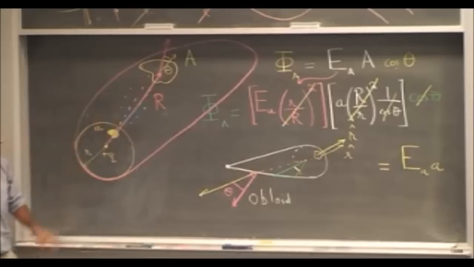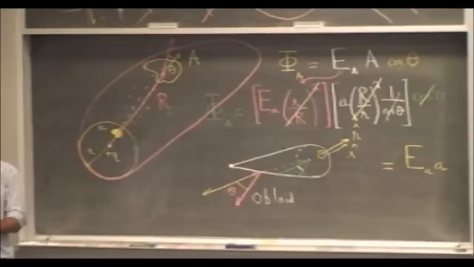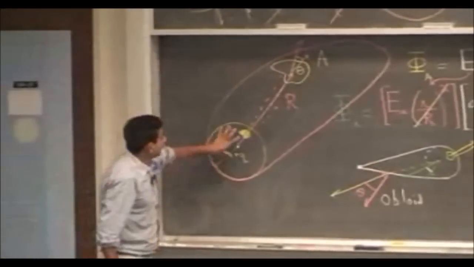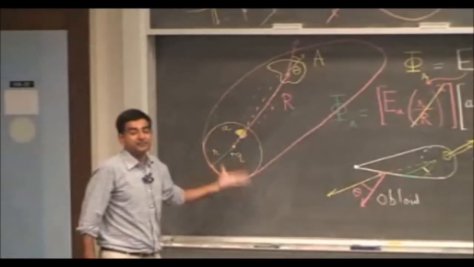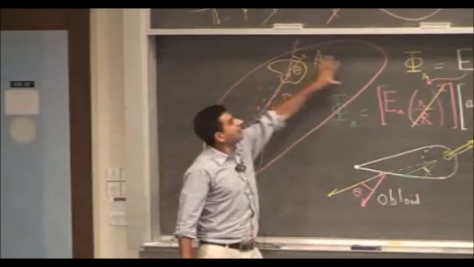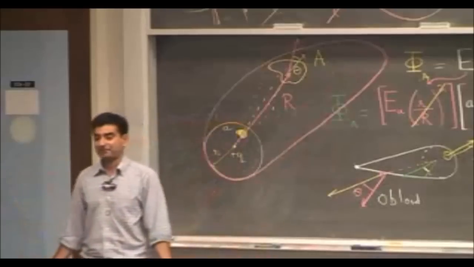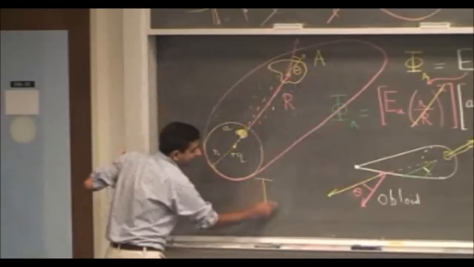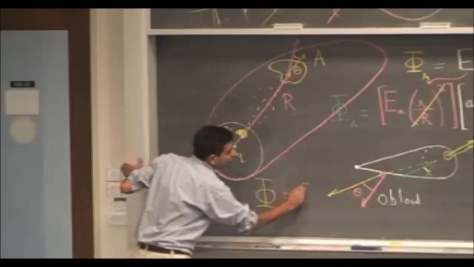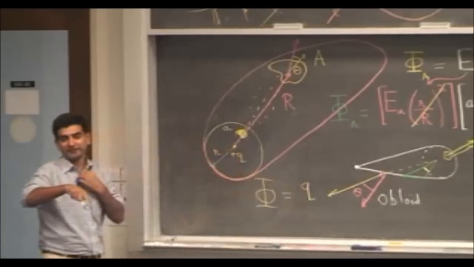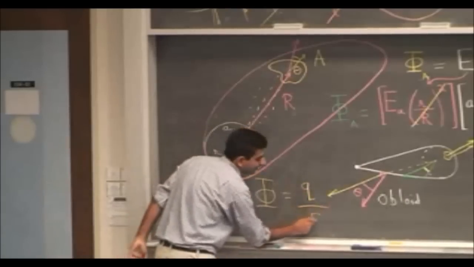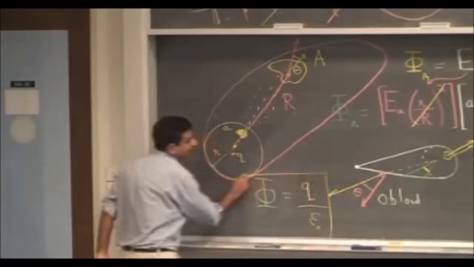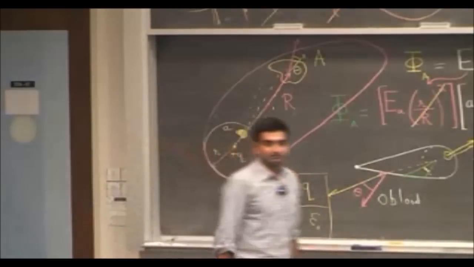And this means that I do not have to choose a Gaussian surface. I can choose a Gaussian surface that is spherical, or I can choose a surface that is of arbitrary shape. And the flux through any such surface, phi, is going to be equal to the charge inside the surface divided by epsilon naught. And this is Gauss's law.